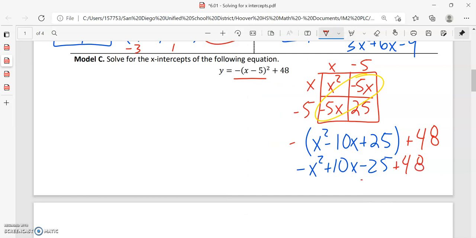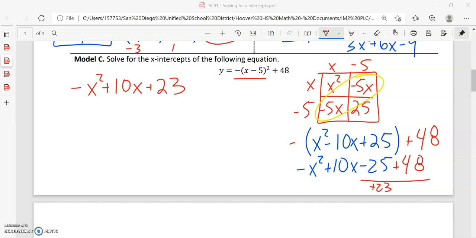Let's evaluate our backside here. Negative 25 plus 48 gives us positive 23. So now our new equation is negative x squared plus 10x plus 23. Okay, so we have this.